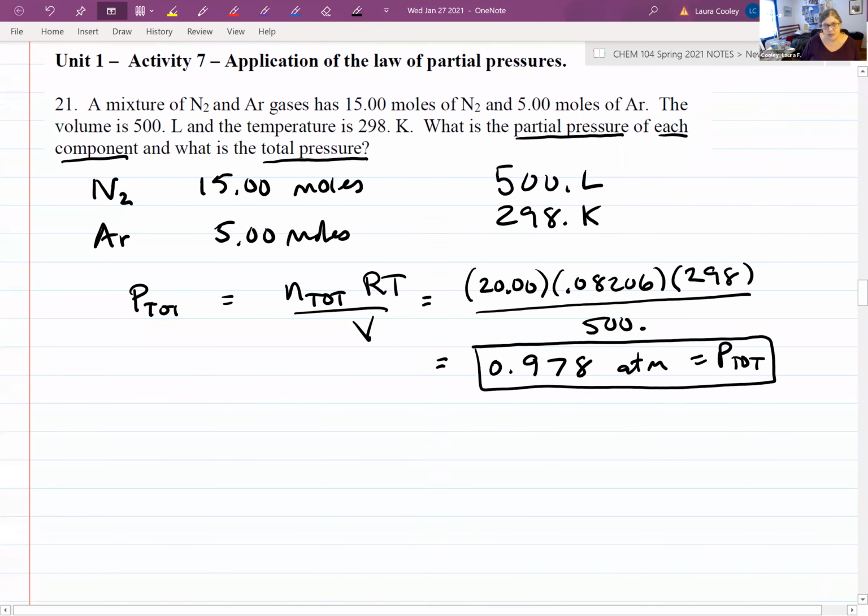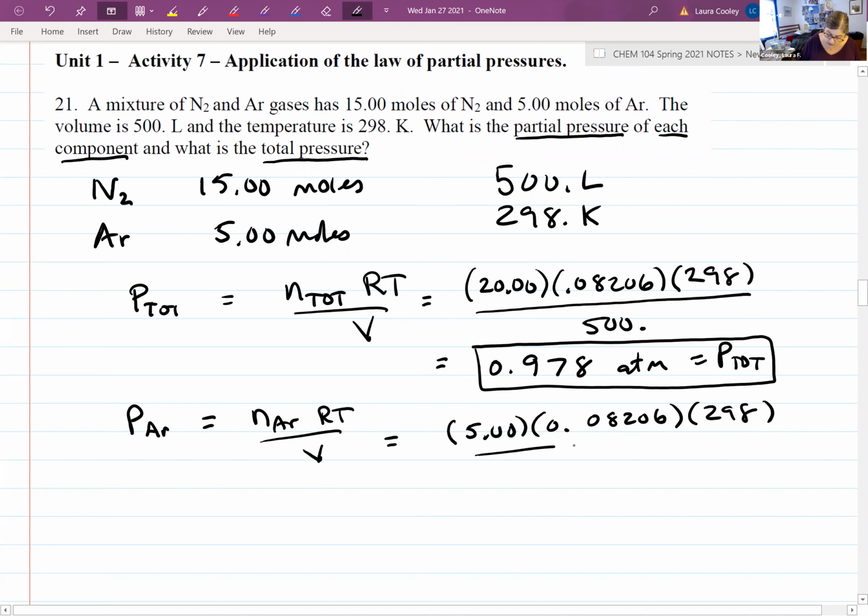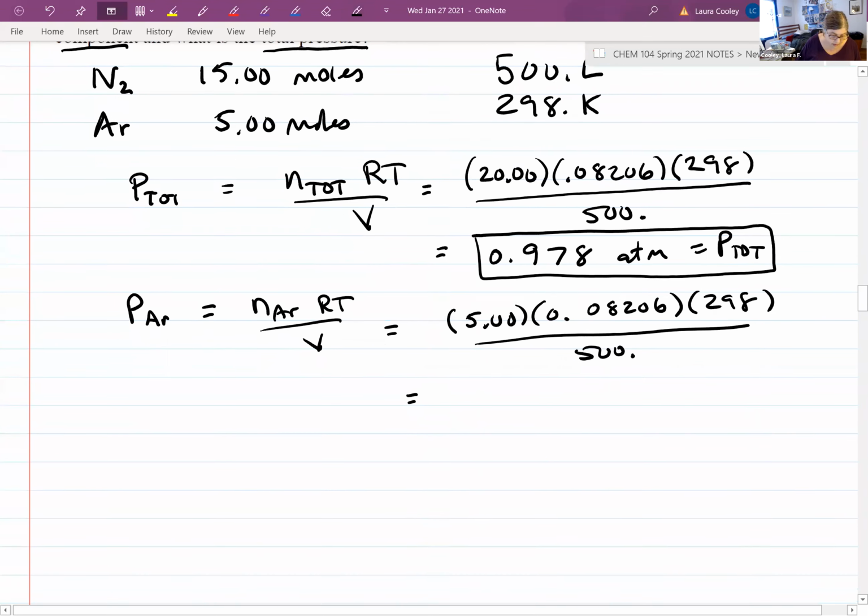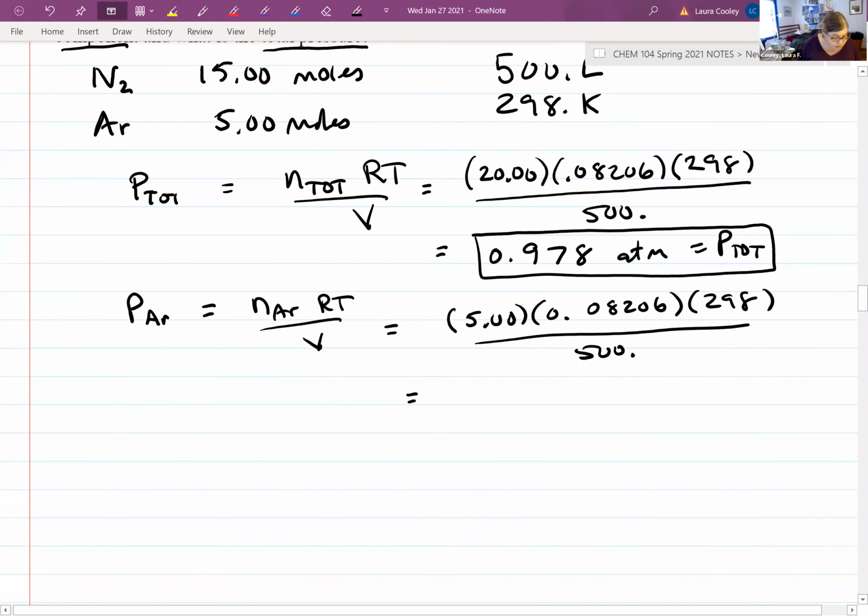Now I can do basically the same calculation for argon and nitrogen. So PAR is NAR RT over V. Instead of 20 here, I have 5, and everything else is the same. All the other conditions are exactly the same. And so I get 0.245 atmospheres.